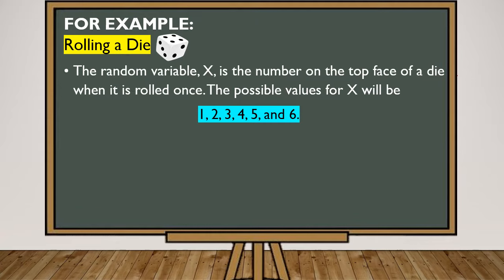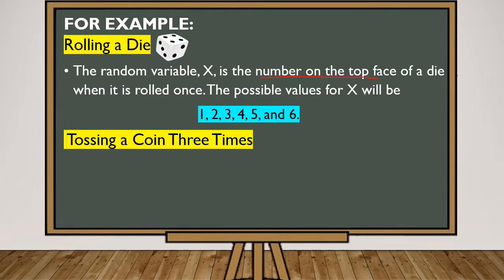You already know that a die has 6 spots: 1 spot, 2 spots, 3, 4, 5, and 6. When you roll a die, it will appear 1, 2, 3, 4, 5, or 6 spots.